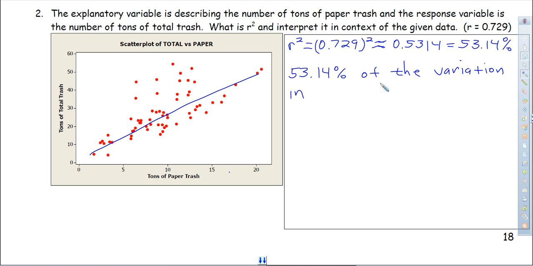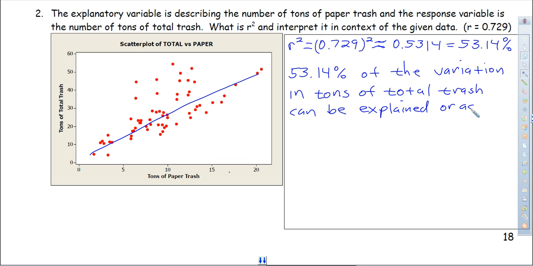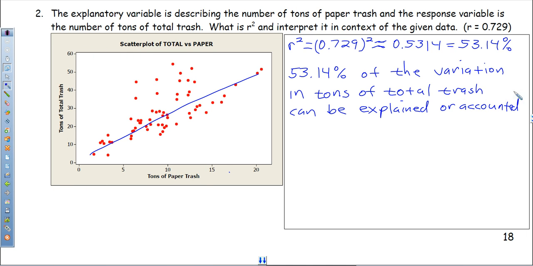So 53.1% of the total variation in tons of total trash can be explained or accounted for by, remember, what are we looking at?